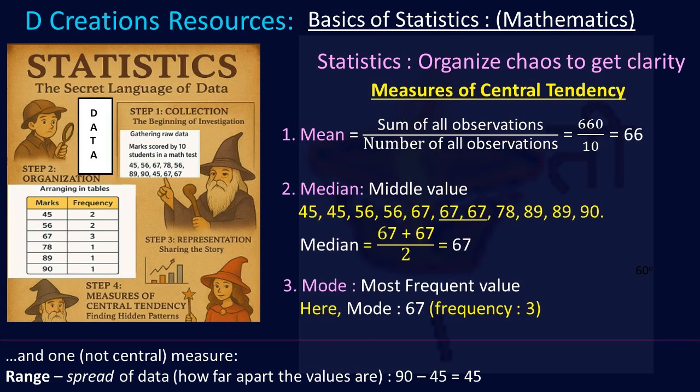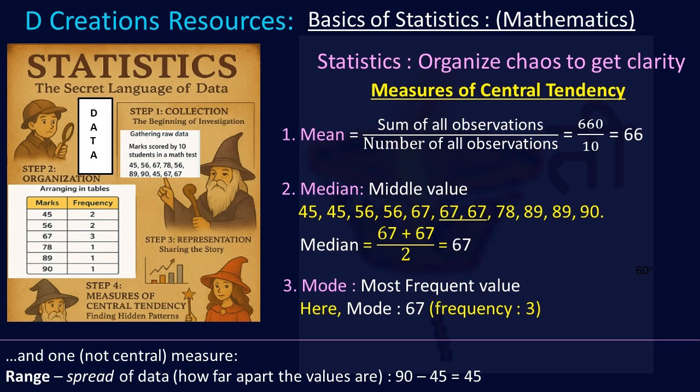That means if you find the middle value of all the marks, it is 67. Similarly, it is for runs as well as weights, whatever label you have chosen. And then if we want to find out what is the most frequently occurring value of marks, it is 67.